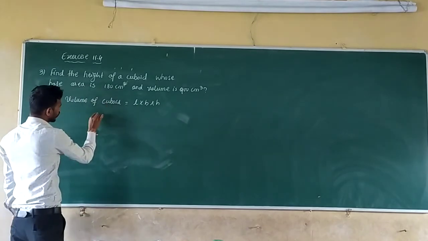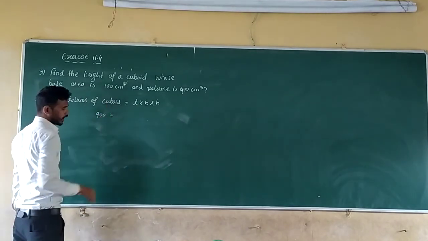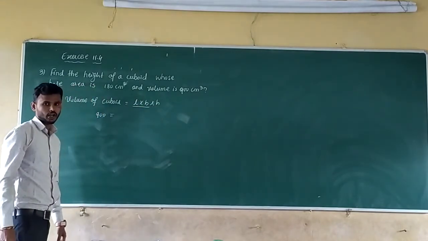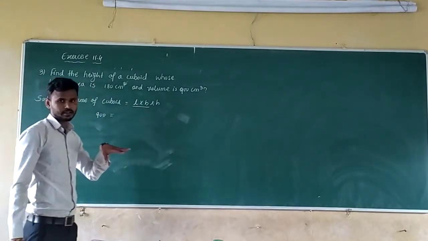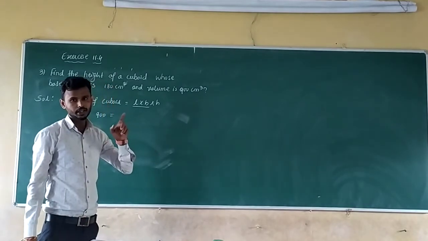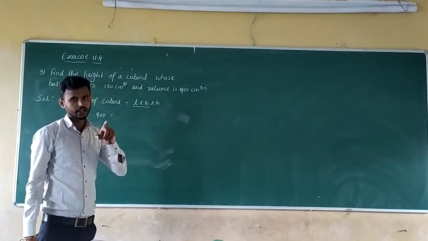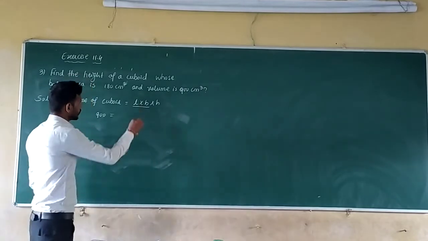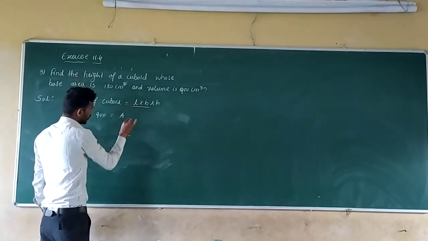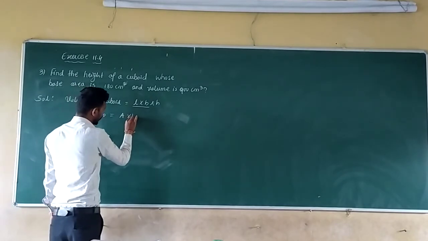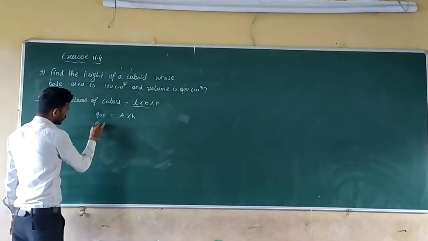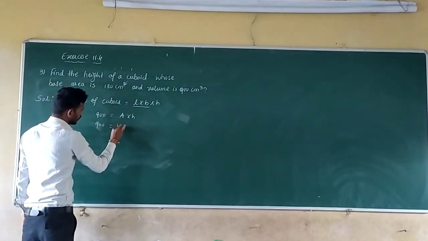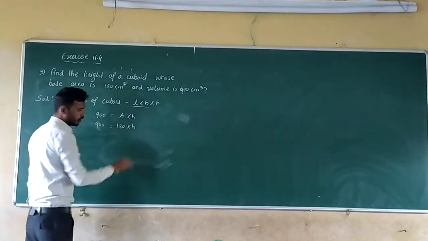Volume they have given is 900. Length into breadth is the area of the bottom face, into h. The area of the bottom face is 180. So 900 equals 180 into h.